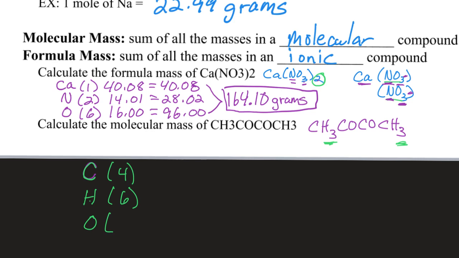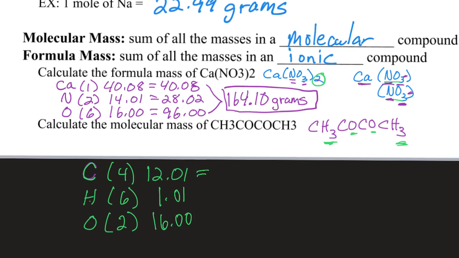Total amount of oxygen, I've got 1 here and 1 here, so that's going to be 2. Now I'm going to look up the masses. So carbon, if you look on your periodic table, hydrogen, and oxygen, we already did oxygen, it's right up above there, it's 16.00.